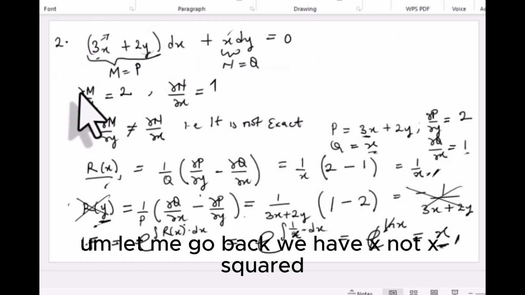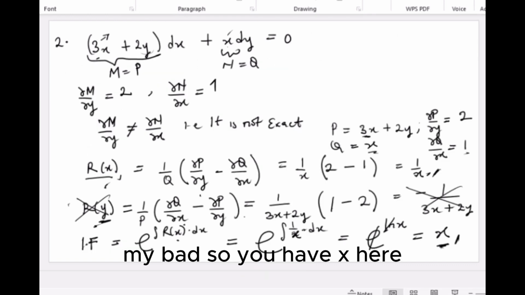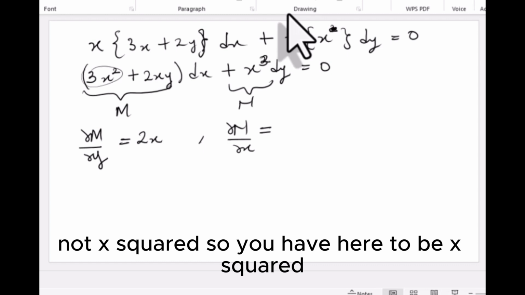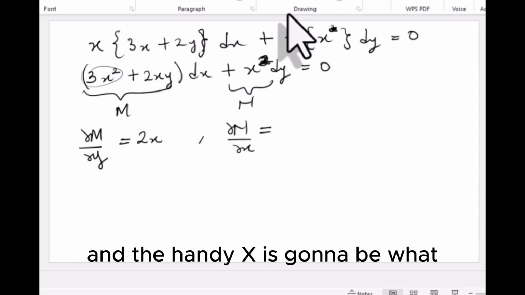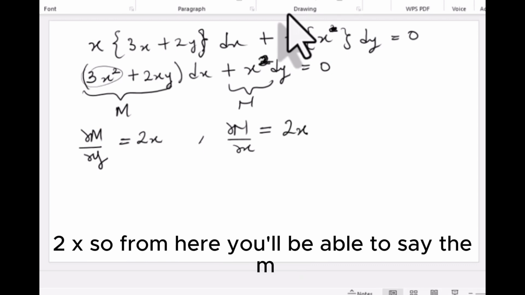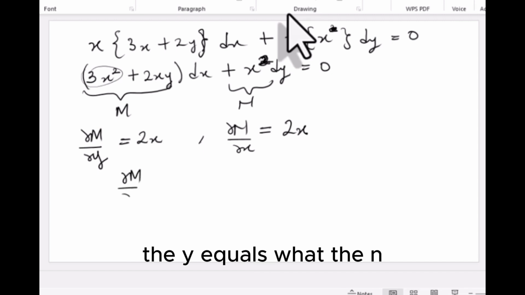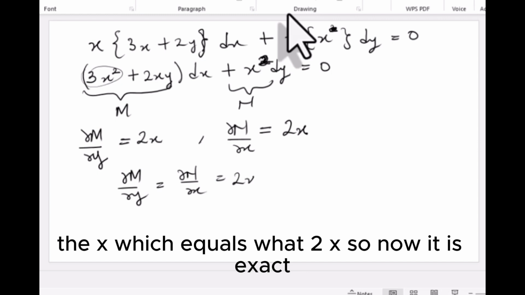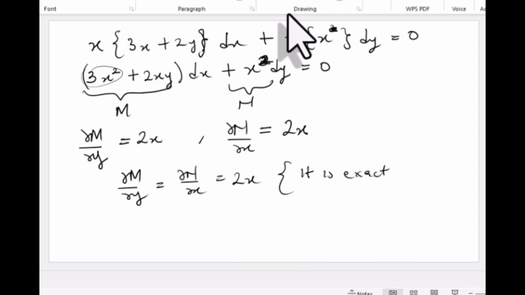Let me go back. We have x, not x squared. My bad. So you have x here, not x squared. So you have here to be x squared. And the dN/dx is going to be what? 2x. So from here, you'll be able to say dM/dy equals dN/dx, which equals 2x. So now it is exact.